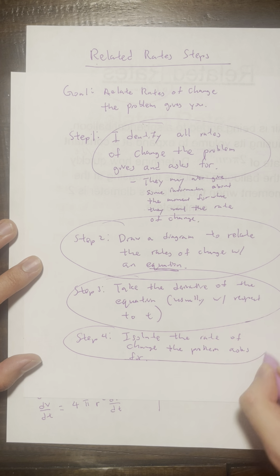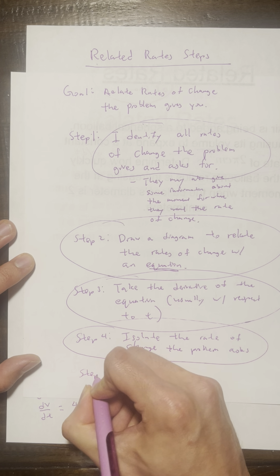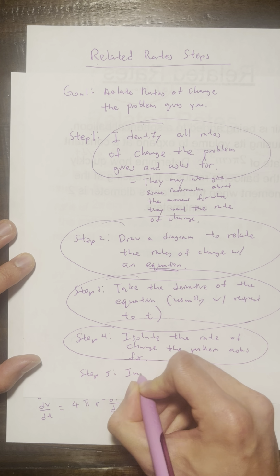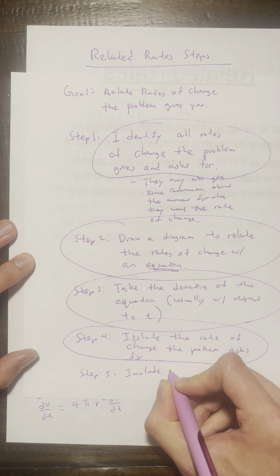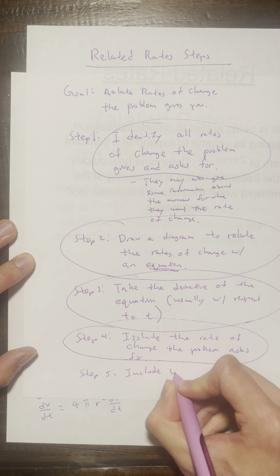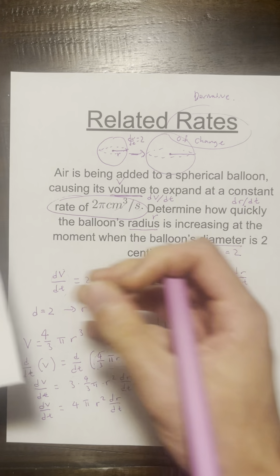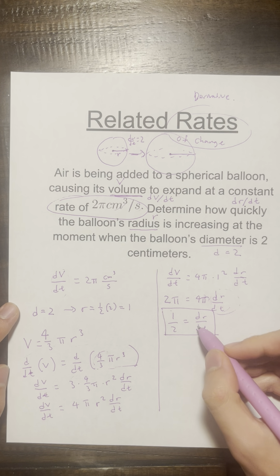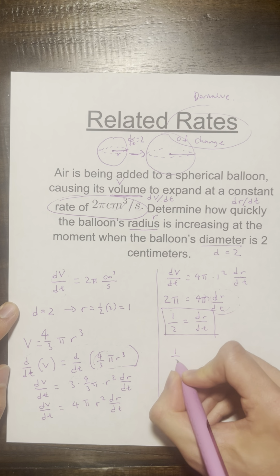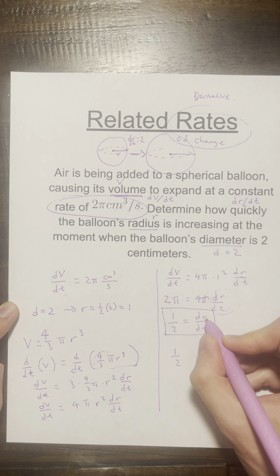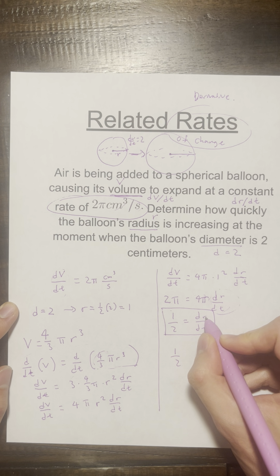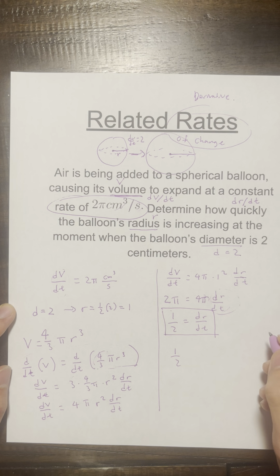Step 5 is to include units. So 1/2. What is the radius measured in?